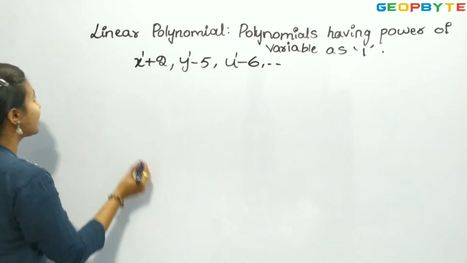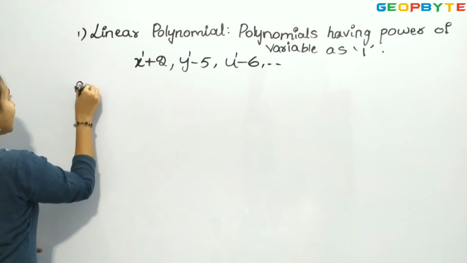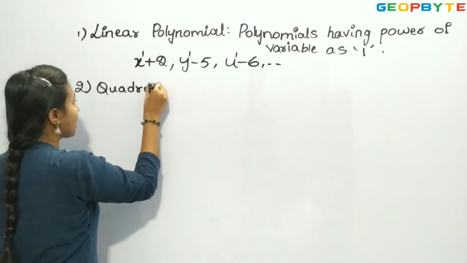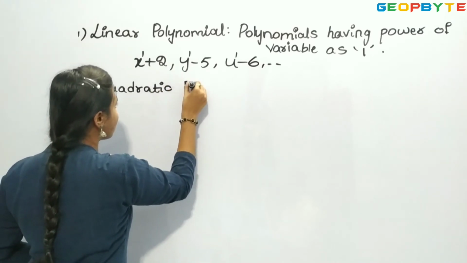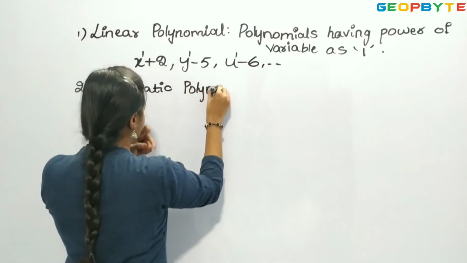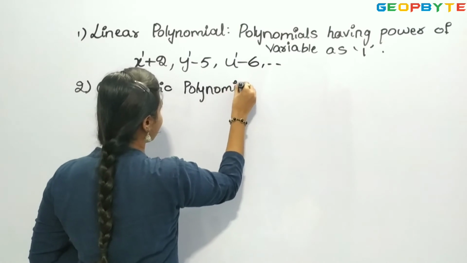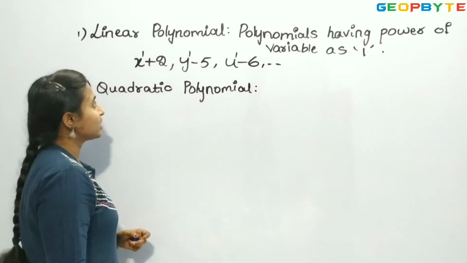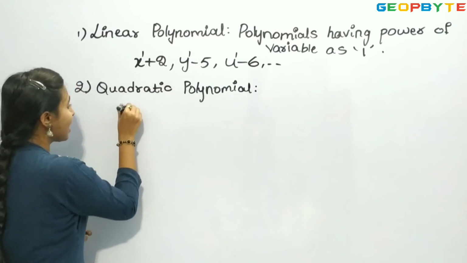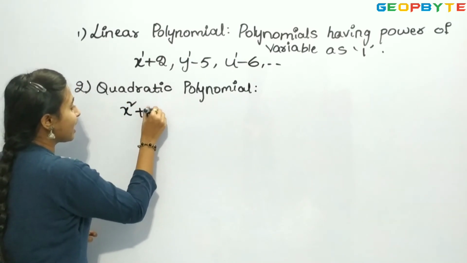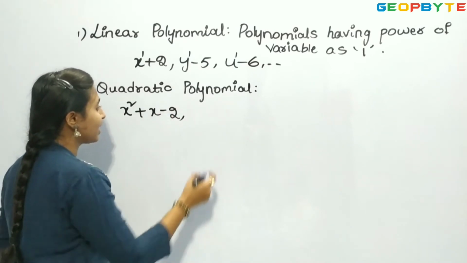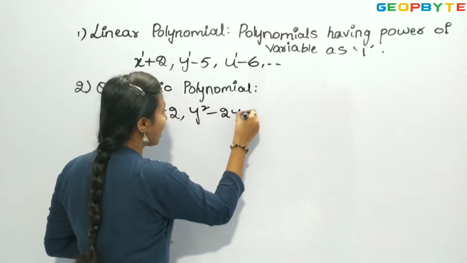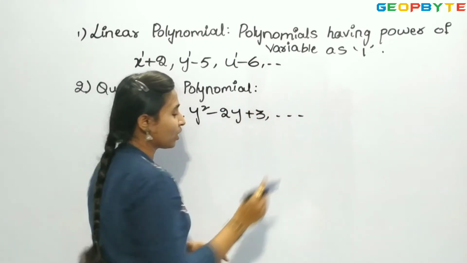Now, let us see the next type, that is quadratic polynomials. For this, let us take examples. x square plus x minus 2 and y square minus 2y plus 3 and so on.